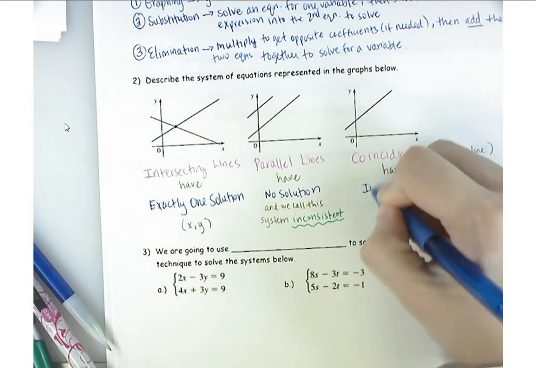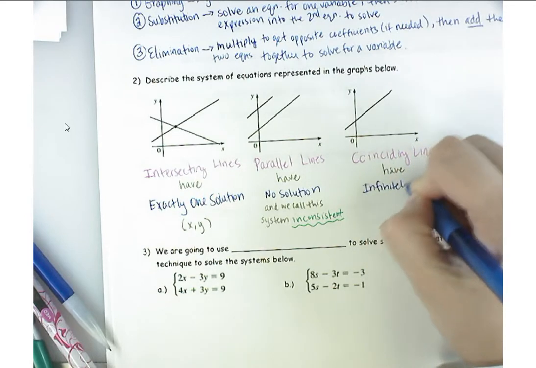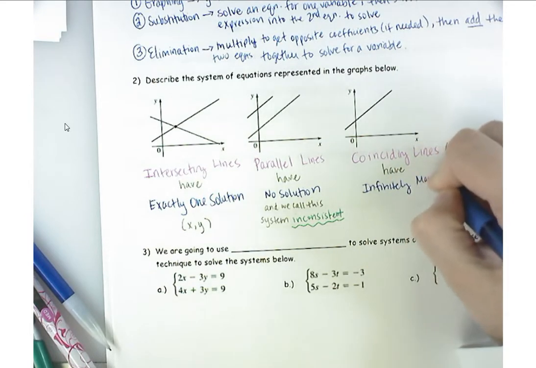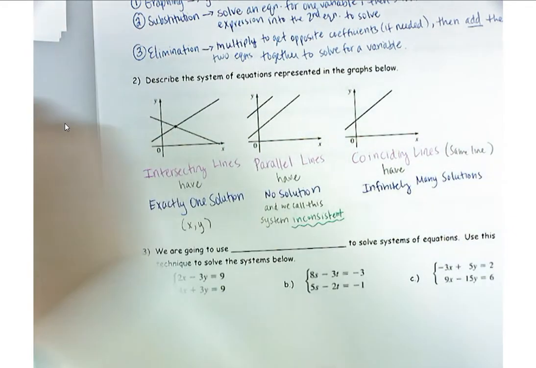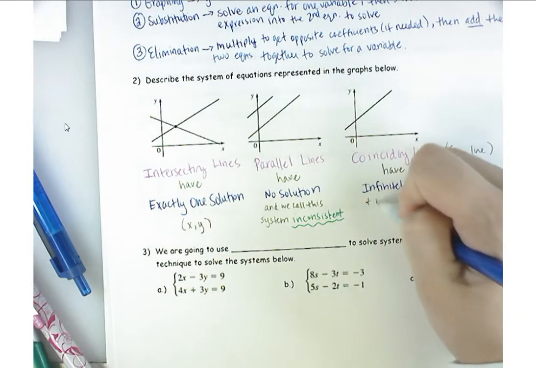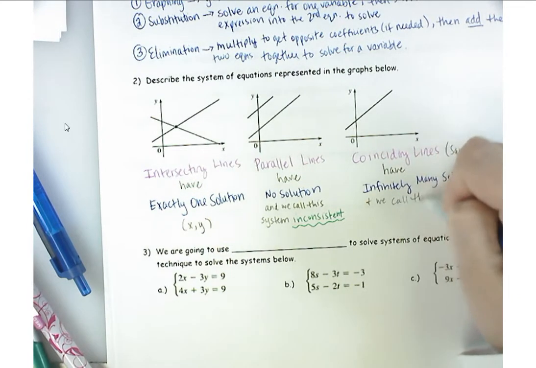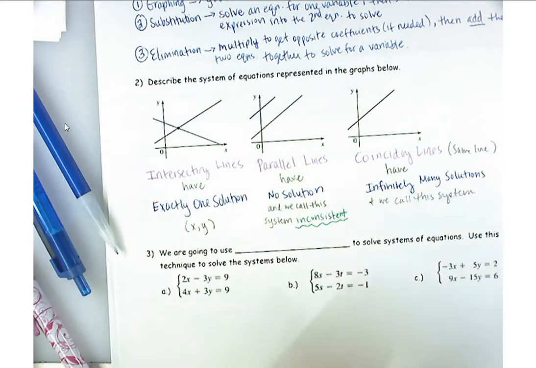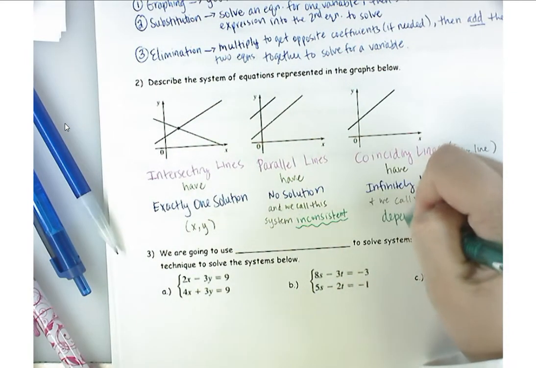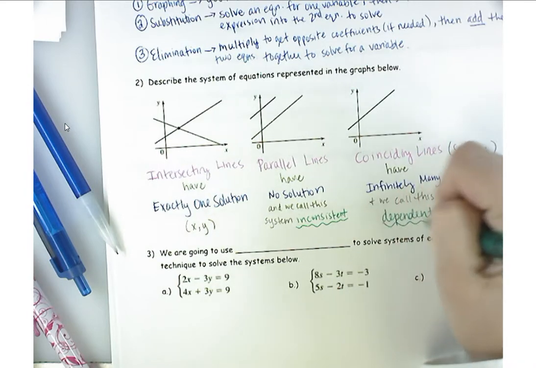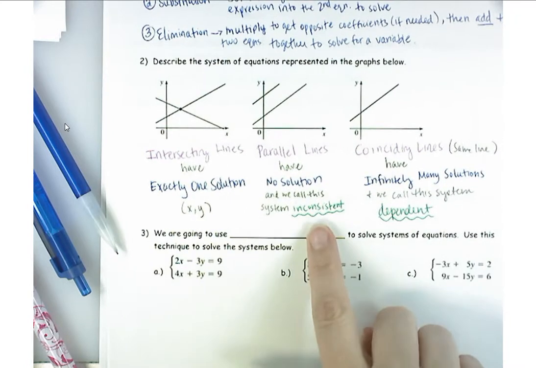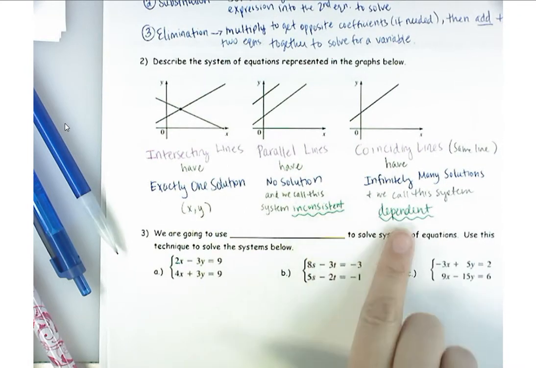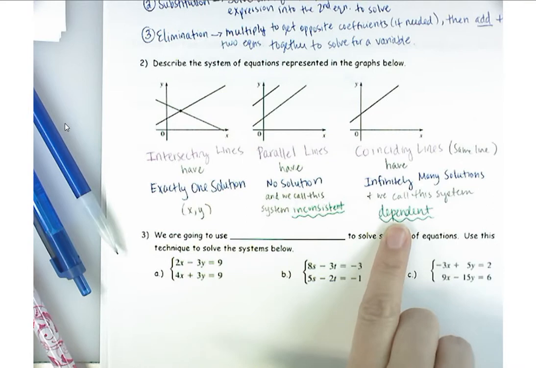Infinitely many, yes. Okay, and then we call this system dependent. Okay, so if there's no solution, it's inconsistent. If there's infinitely many, we call it dependent.